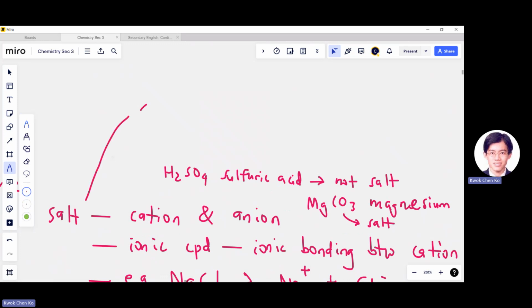A salt contains a metal. Now, obviously, this metal is in the form of a cation. And there is something at the back. You need an anion, obviously.